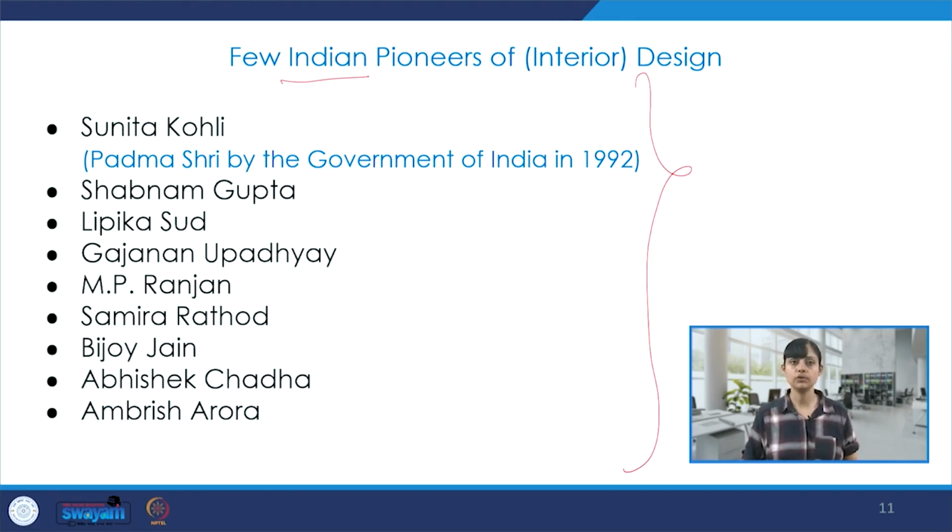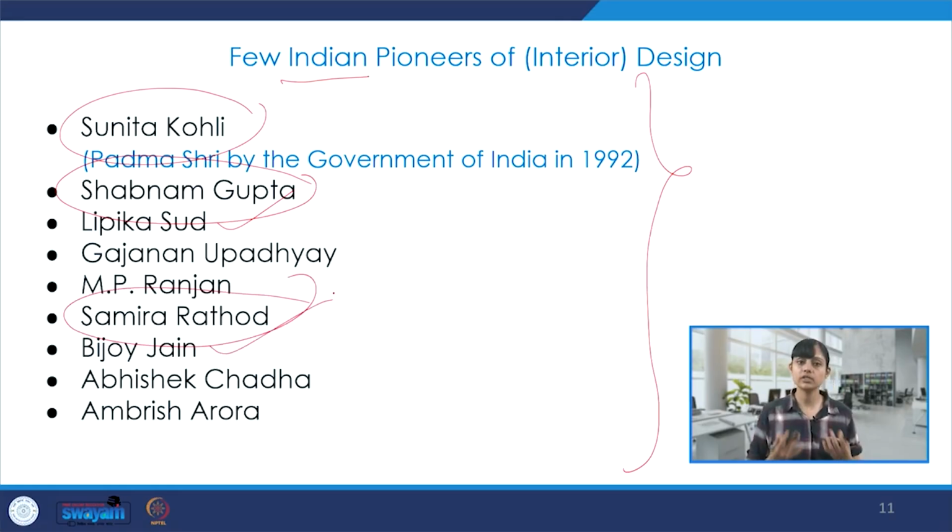But these are just to name a few, starting with Sunita Kohli, who is the Padma Shri awardee, and the government of India conferred this honor on her in 1992. We have Shabnam Gupta, there's Lipika Sood, Gajanan Upadhyay, MP Ranjan, Samira Rathore, Bijoy Jain, Abhishek Chadda, Ambrish Arora.